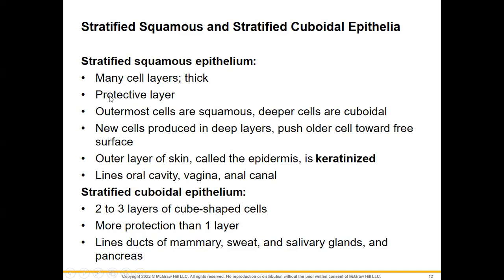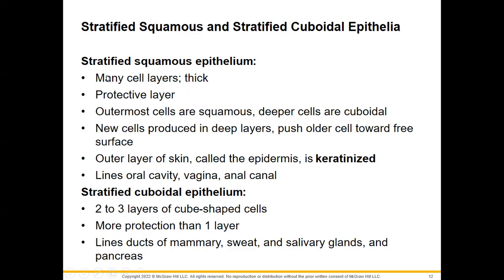But because the outermost cells are appearing squamous, these are going to be considered stratified squamous epithelium, because as they grow out toward the surface, they become more and more squamous. So new cells in this type of tissue are produced in these deeper layers, and they start pushing toward the surface. As they push toward the surface, they become more and more squamous.